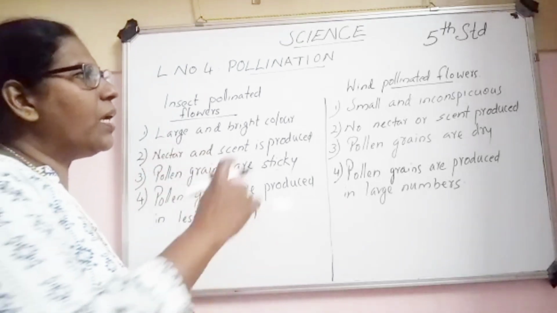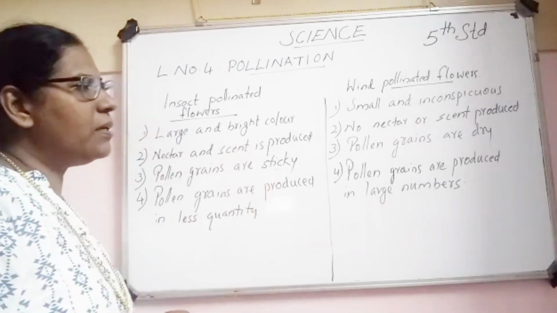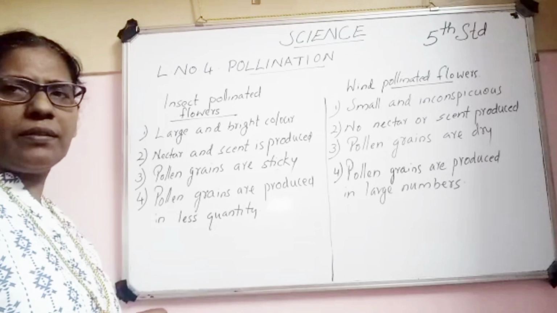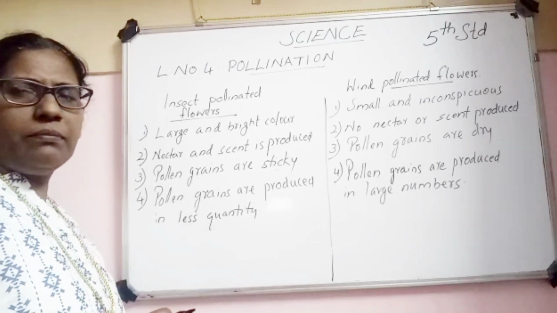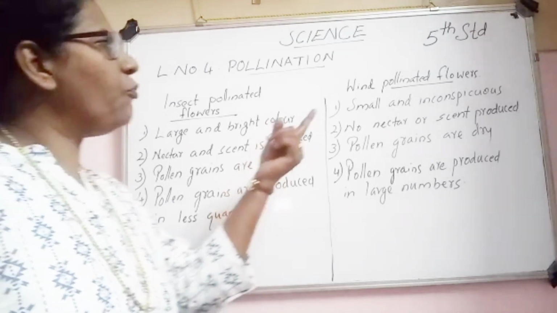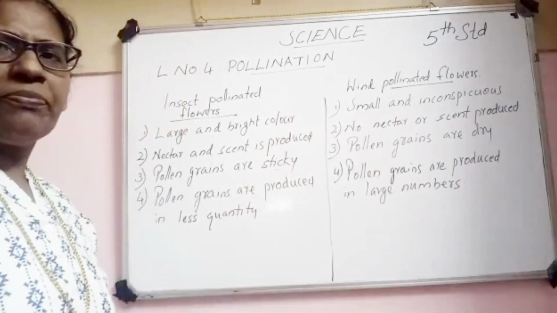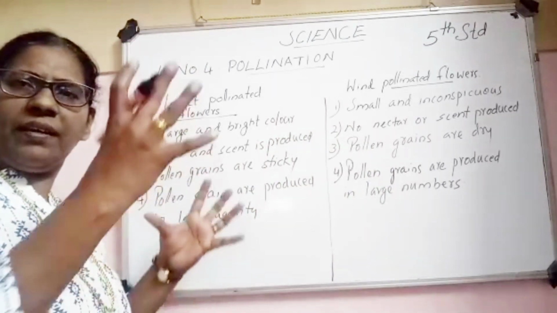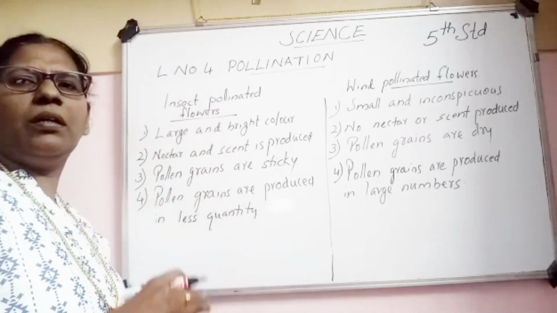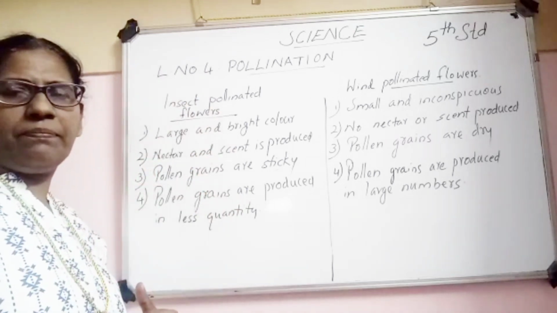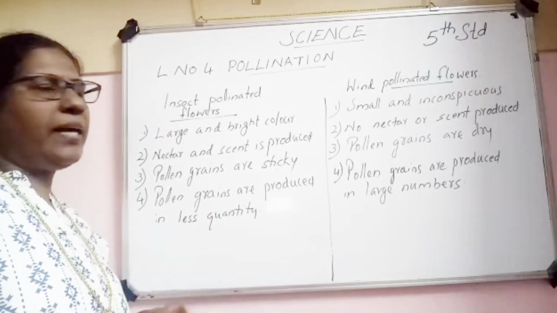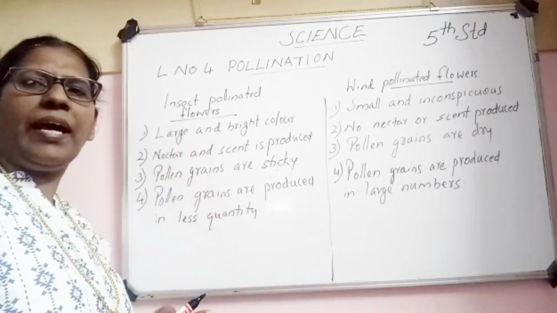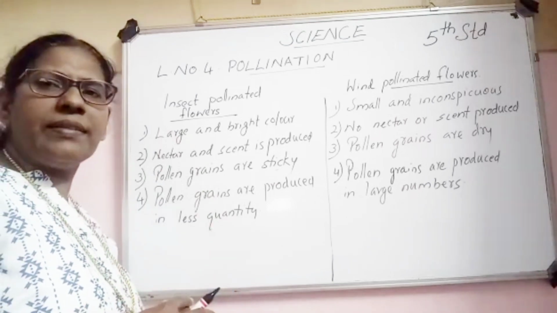That's the reason pollen grains are produced in large numbers in wind pollinated flowers. And one more thing, in wind pollinated flowers, the stigma size is large, so it can catch the pollen grains, and it should be feathery.